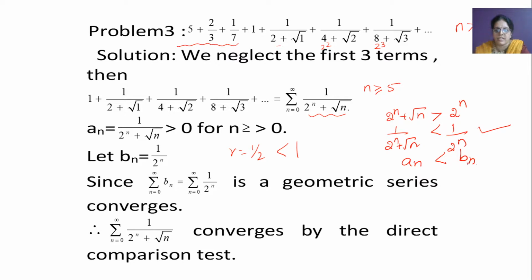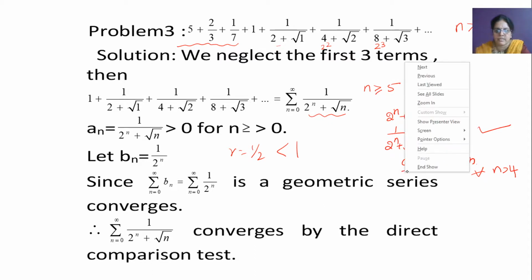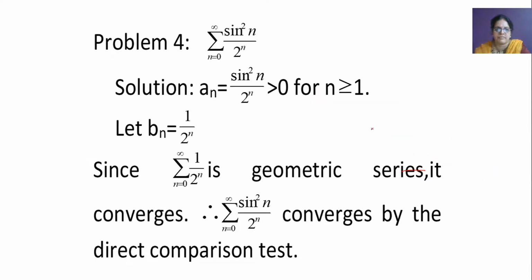An is less than bn for every n greater than or equal to 5, and sigma bn is convergent. So again by direct comparison test, sigma an also converges.